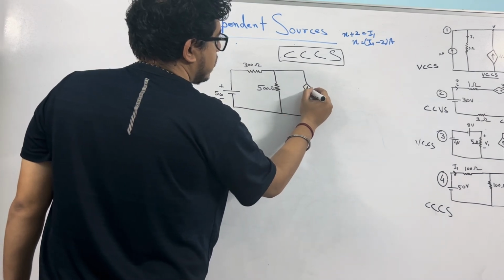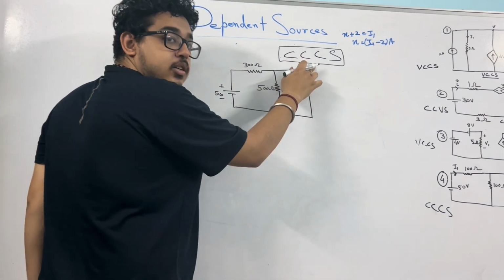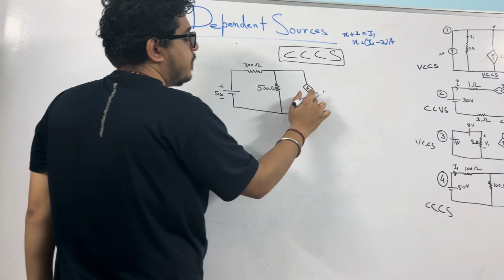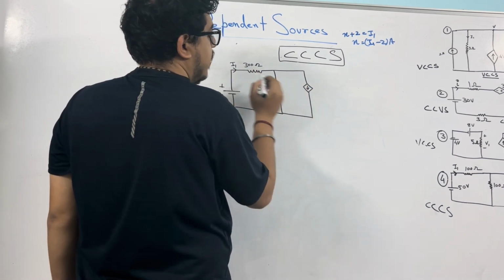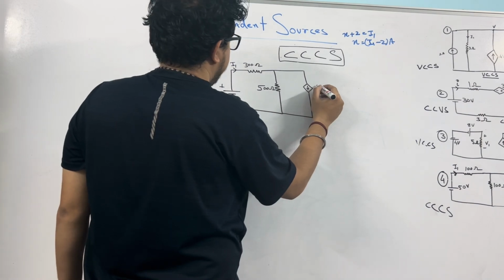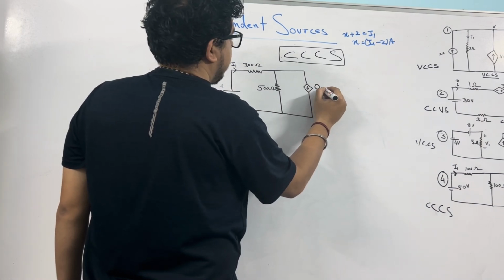It is a current controlled current source, so it must depend on the current at some point. So this is I1, and this is 0.4.